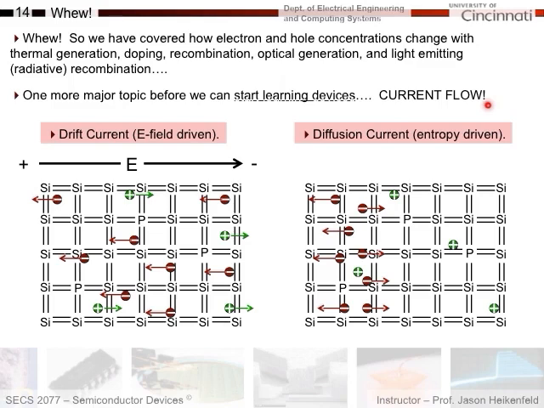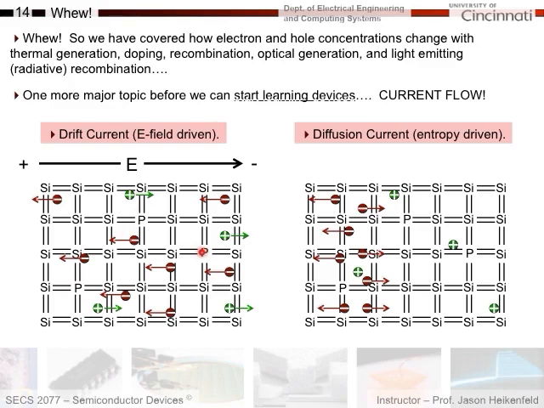And so today we're going to learn about two types of current flow. The first type of current flow is drift current, which is driven by an electric field. So if I have a block of semiconductor here, in this case it's silicon, and this could be n-type doped here, so I have phosphorus atoms here, and if you notice in this case the number of electrons I have is more than the number of holes because there's some phosphorus atoms for n-type doping.